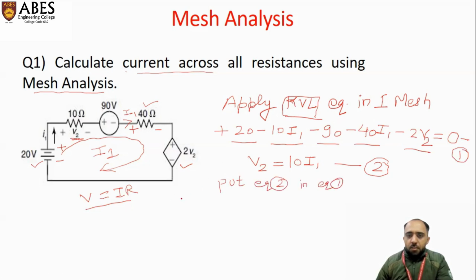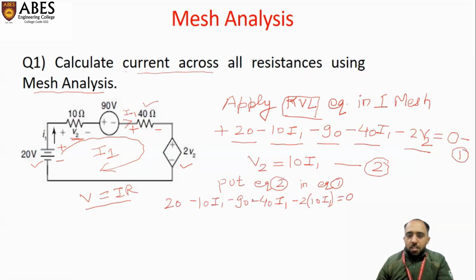So what will be the equation number 1? 20 minus 10 I1 minus 90 minus 40 I1 minus 2 into V2, 2 into 10 I1 is equal to 0.